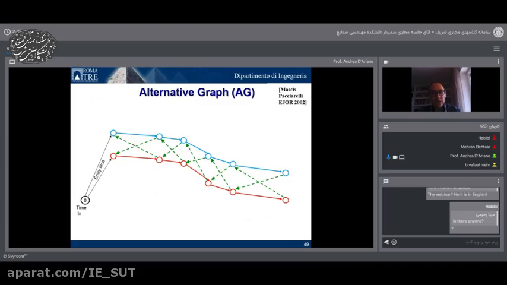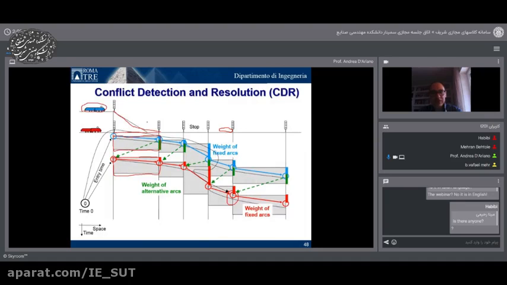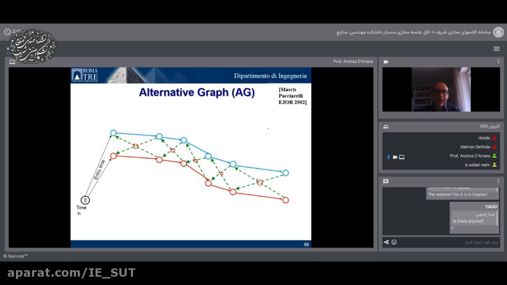So we introduce for each resource a pair of alternative arcs. So we have 1, 2, 3, 4, 5 pairs because we have 1, 2, 3, 4, 5 resources. So this is actually the alternative graph of the problem.